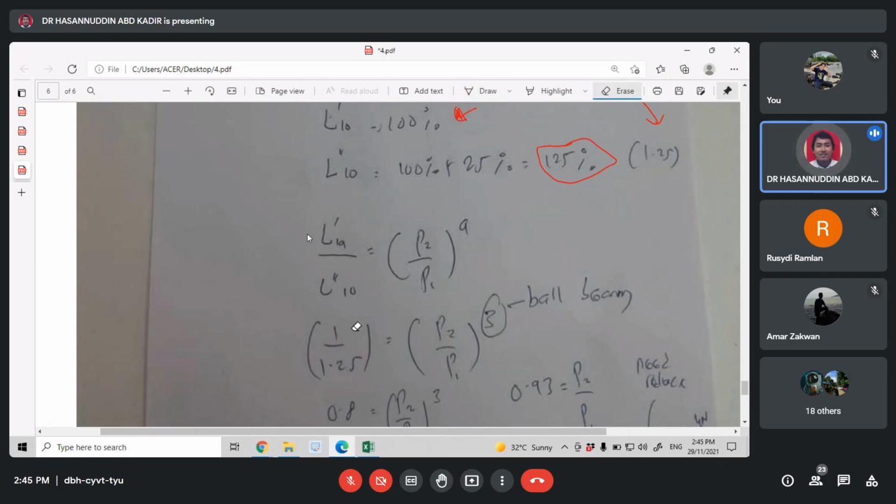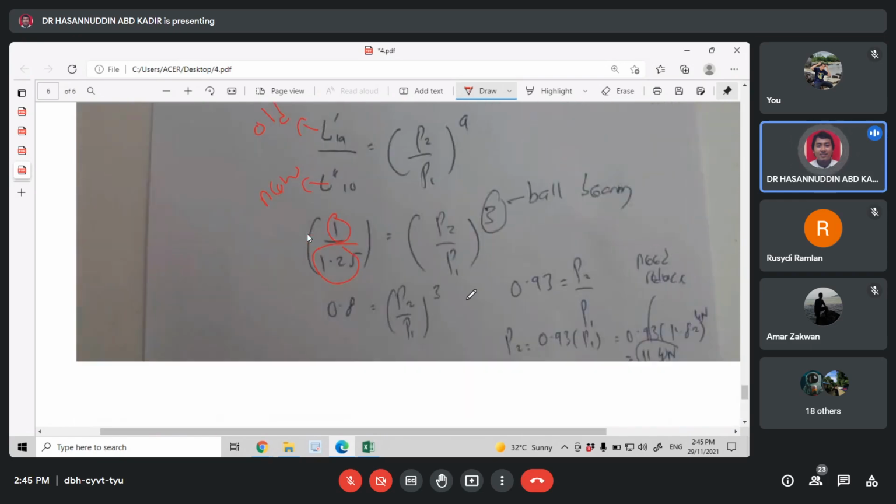So I mention again, L prime is old, this one is new. This one we call 100%, this one is 100 plus 25%. Get this one 1.25.